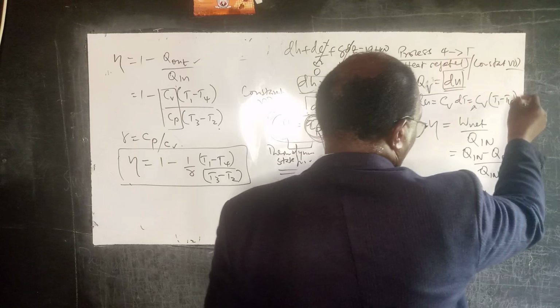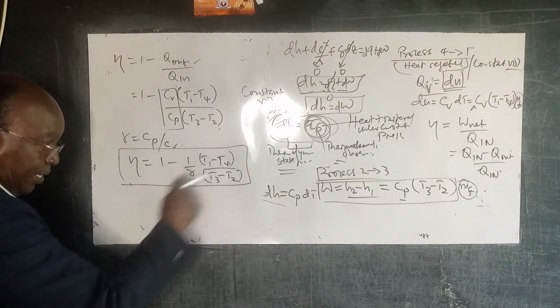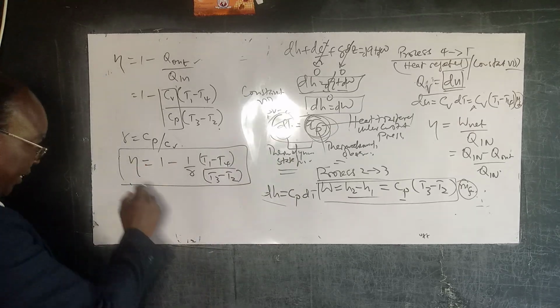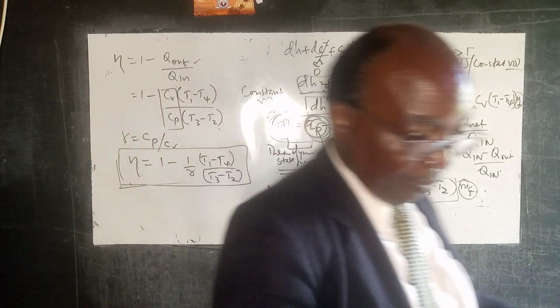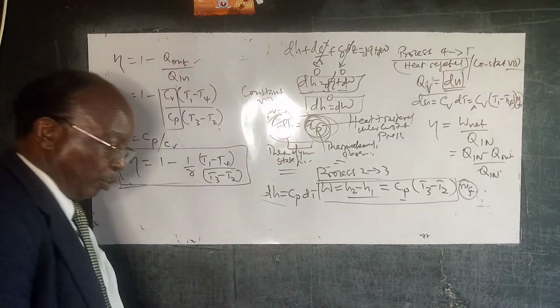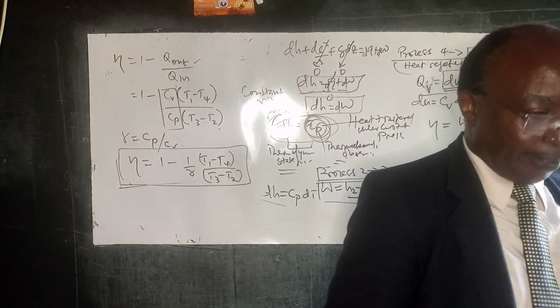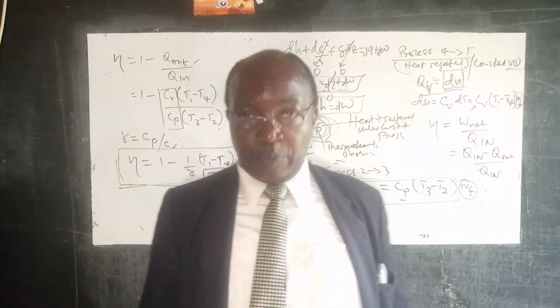Of course, the two will cancel out, so we don't need to worry about it. That's why we didn't carry them through, because they end up canceling out, and we'll have that expression for the efficiency in that particular system. So we are able to see these efficiencies associated with these processes in this diesel cycle. So we'll stop at that point.